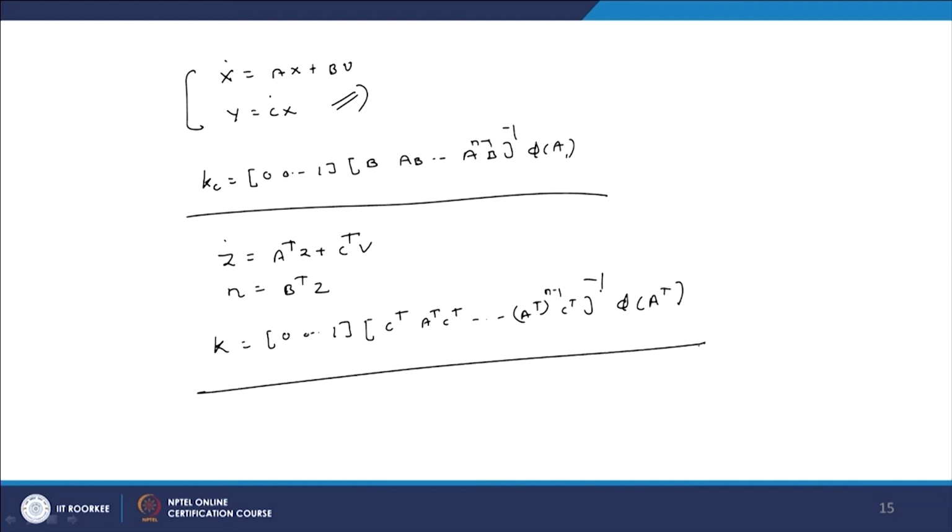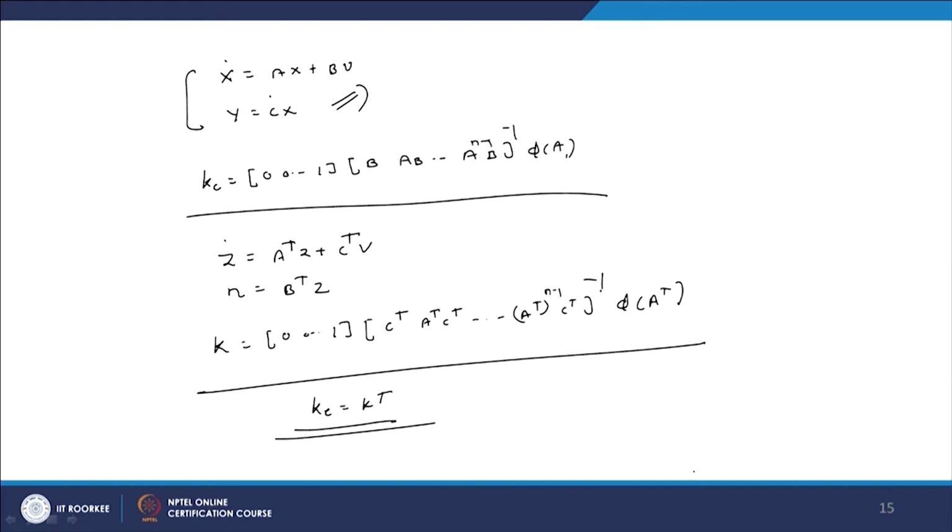This is the controller. Now, our Ke is nothing but K transpose, because the actual observer gain is Ke. Now, we have to make K transpose. So, when we take the transpose of this, all these elements which are written like this, we have to write in the reverse order.